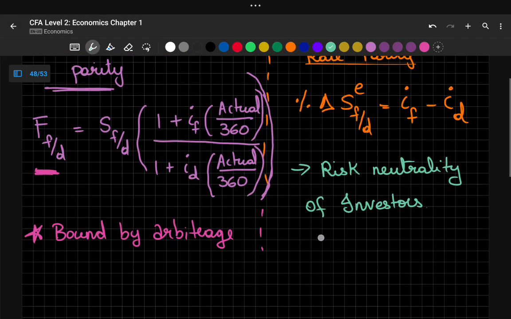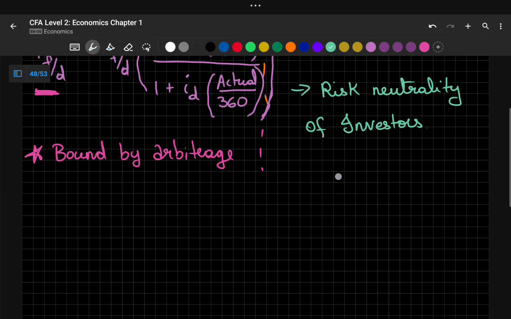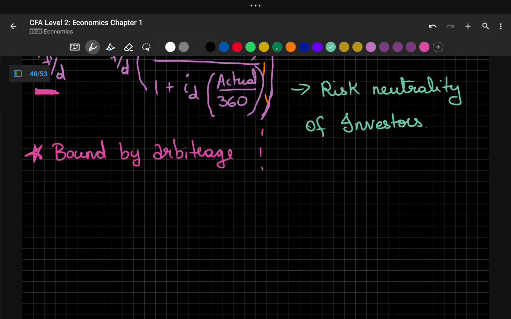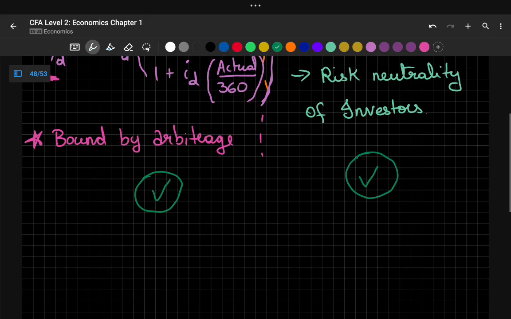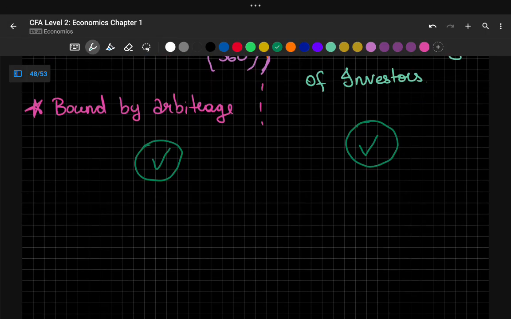Okay, now for the forward rate parity condition to hold, both these conditions should be satisfied. So for forward rate parity to hold, both the covered interest rate parity condition as well as the uncovered interest rate parity condition should hold.